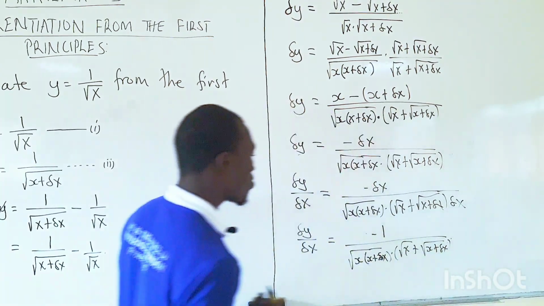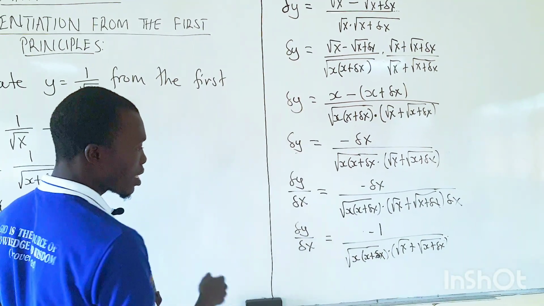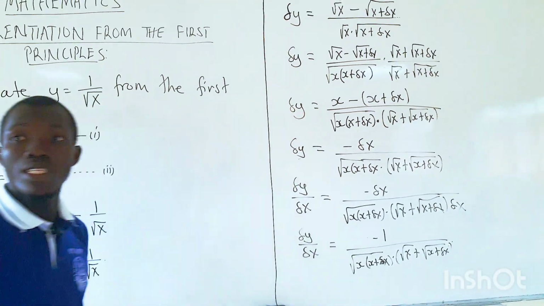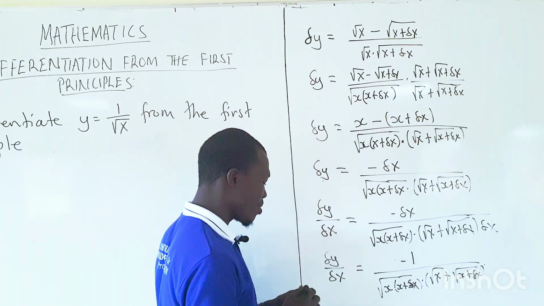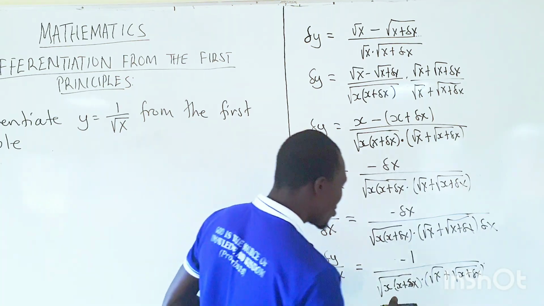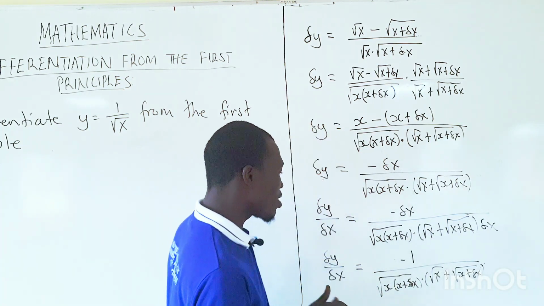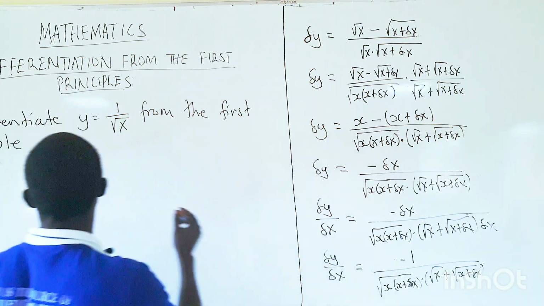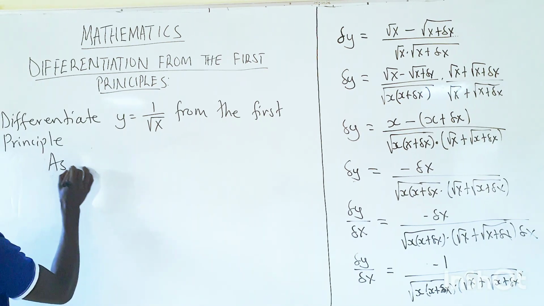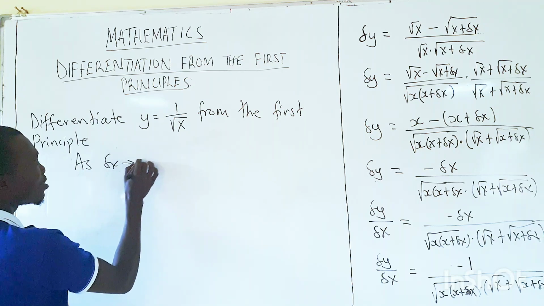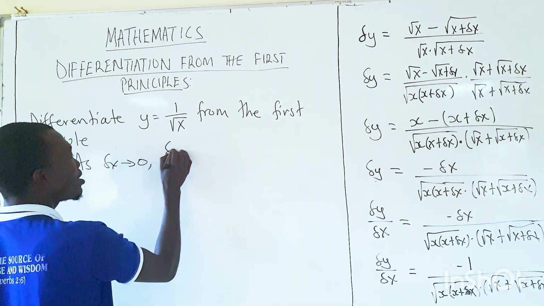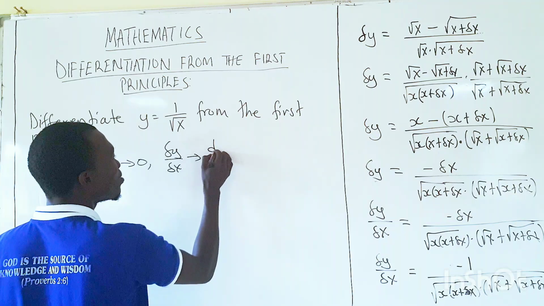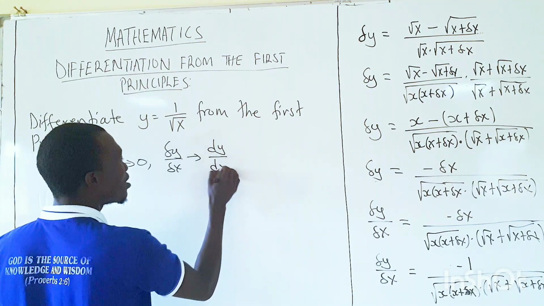That is that. So from here we are going to take the limit as delta x approaches 0. Then our delta y over delta x will tend to dy dx.